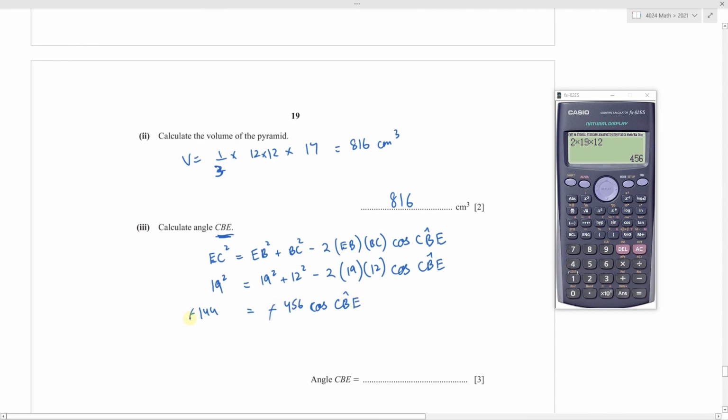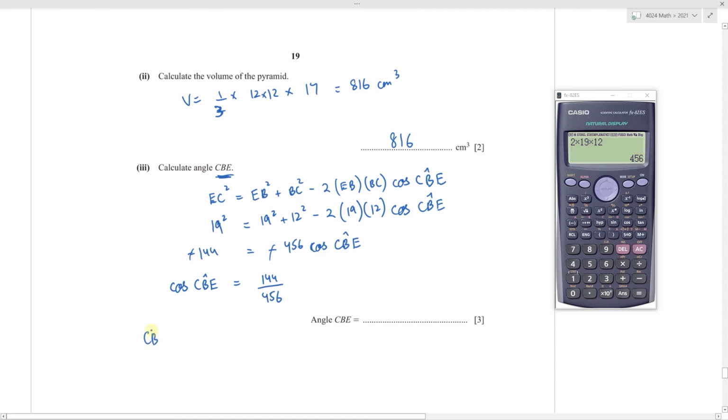Minus and minus will cancel out, and cos of angle CBE will be 144 divided by 456, and angle CBE will be cos inverse of 144 divided by 456.